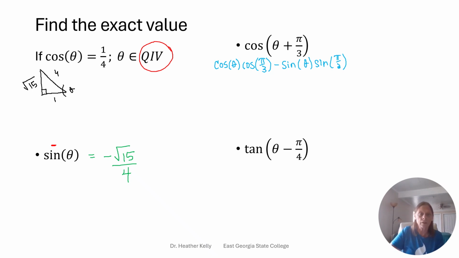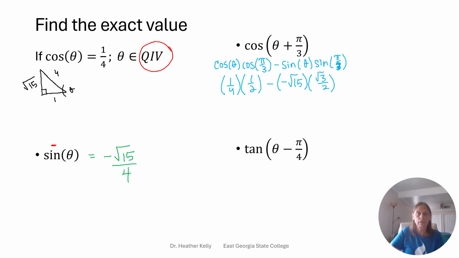Cosine of theta is 1/4 times cosine of pi over 3, which is 1/2, minus sine of theta, which is negative square root of 15, times sine of pi over 3, which is root 3 over 2.